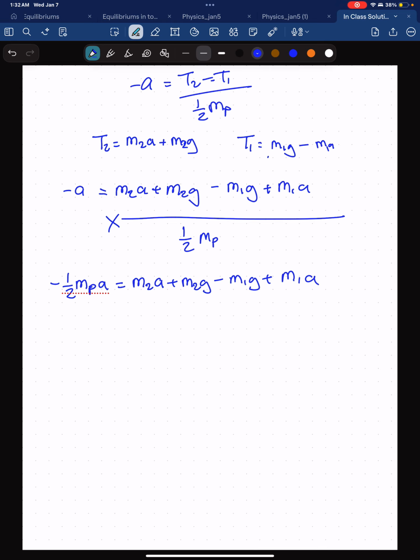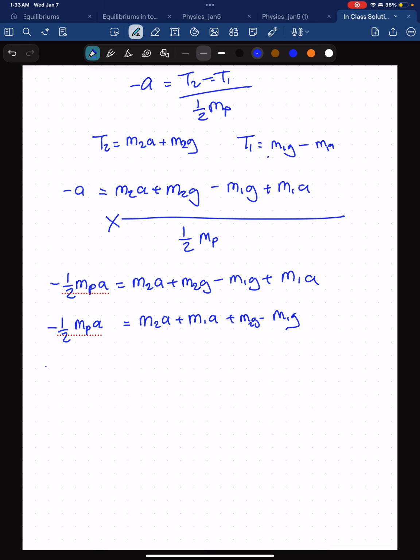This is good. Then from there, we group like terms. So minus 1/2 MPA is going to be equal to M2A plus M1A, just grouping my like terms, and this is going to be plus M2G minus M1G. We're getting there.